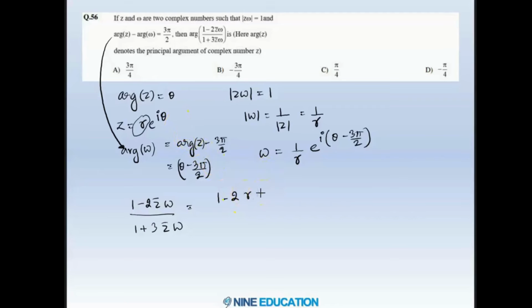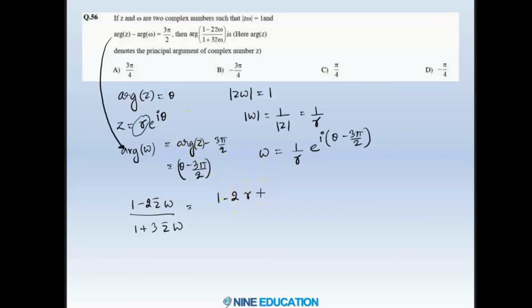I am writing the minus 3 pi by 2 part separately, as e power minus 3 pi by 2 i. After multiplying we can separate these terms. The denominator also, let's express: 1 plus 3 r e power minus i theta into 1 by r, and again the same thing.